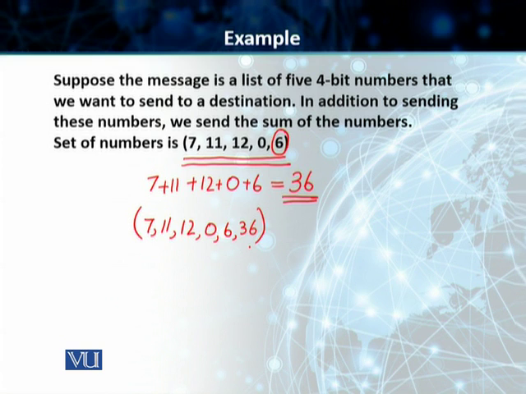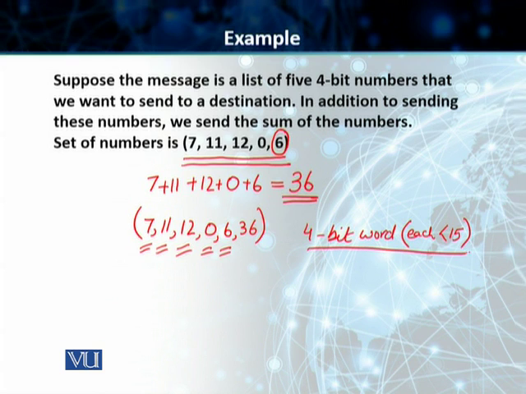If the 2 are the same, the receiver assumes that there is no error and accepts this data. If they are not the same, it discards the sum. Students, in this particular case, there is a bit of a drawback. Each of these numbers here, 7, 11, 12, 0, and 6, are less than 15, so they can be written as a 4-bit word.